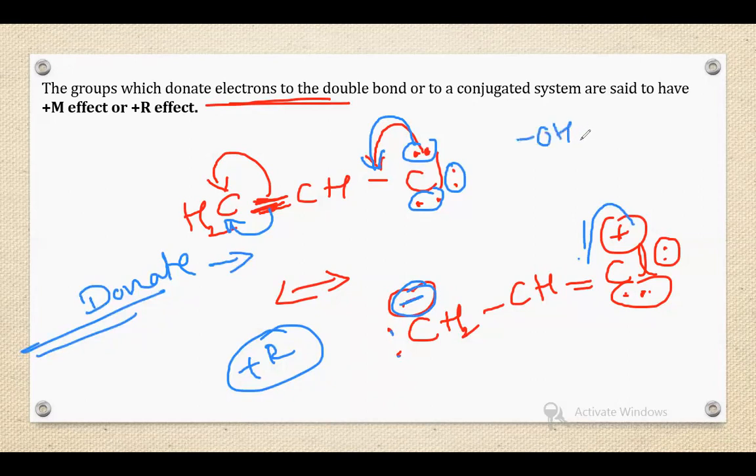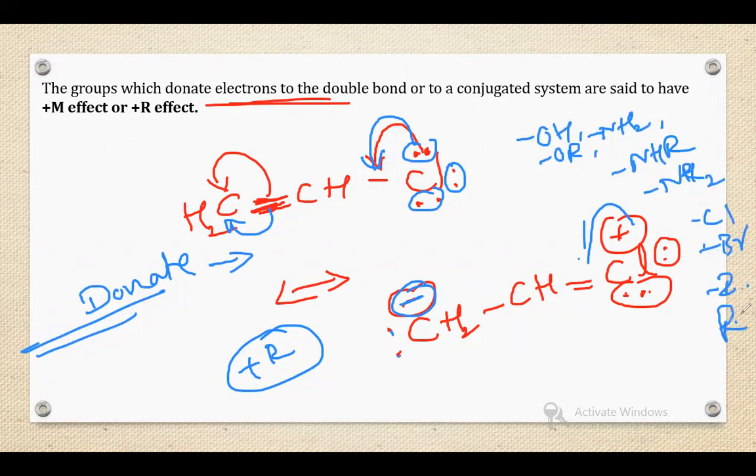OH group, OR group, then NH2 group, NHR group, then NR2 group, then Cl group, then Br, then I.